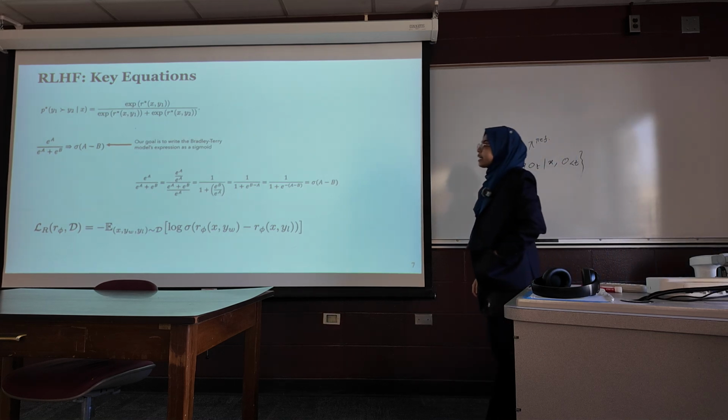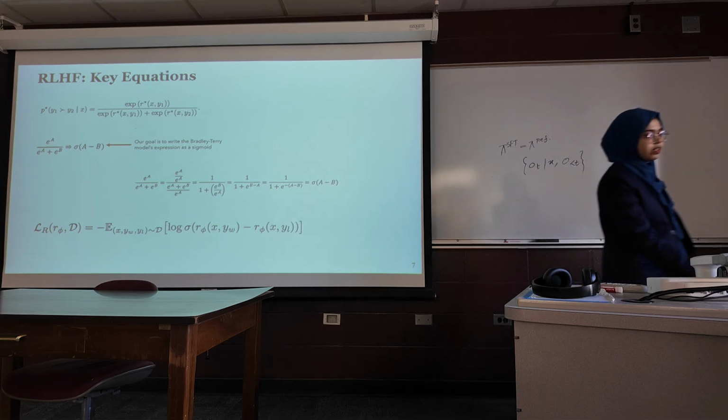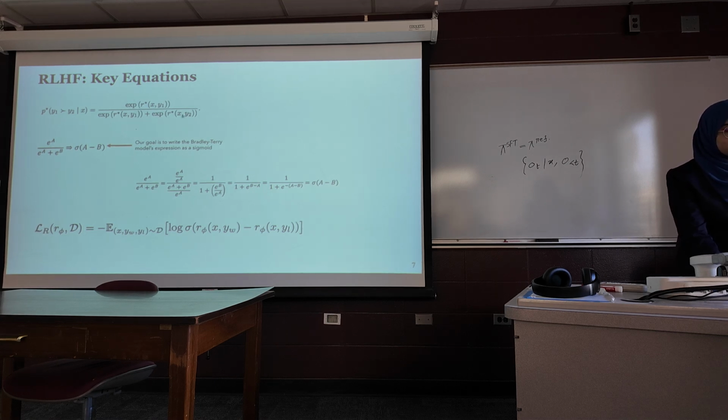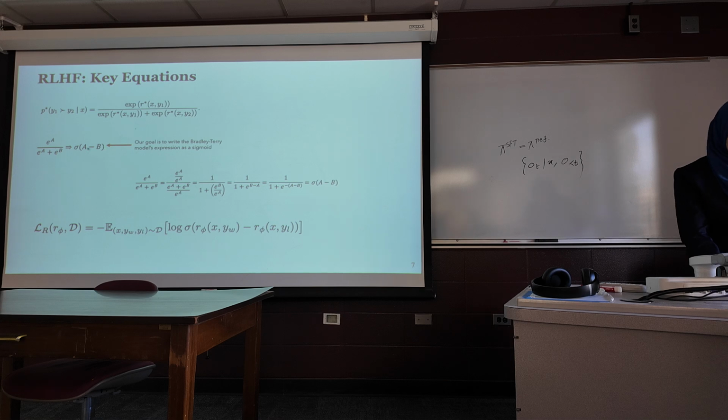If you can see my cursor, consider this part, the numerator, as a term A, and this part from the denominator as a term B. You can write this probability distribution in this form, epsilon A divided by epsilon A plus epsilon B. And they are claiming that this equation is equivalent to sigma of A minus B. How? Simple math. We divide both the numerator and denominator by epsilon A. These two portions cancel out. If you take epsilon A common, the denominator becomes like this.